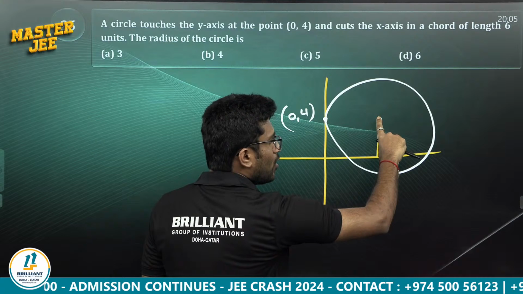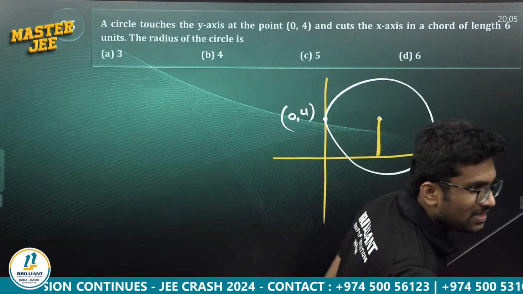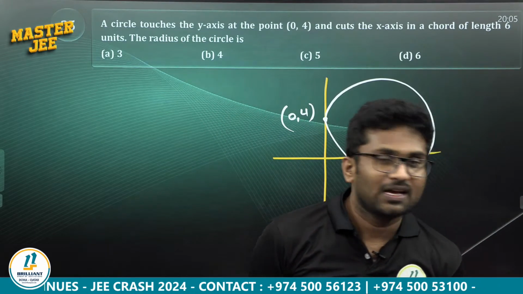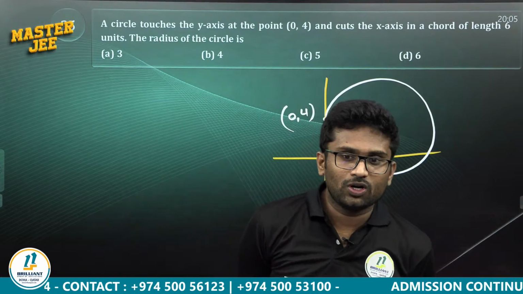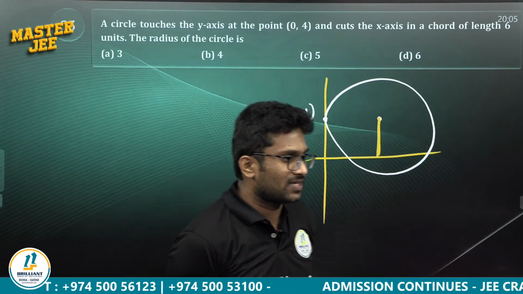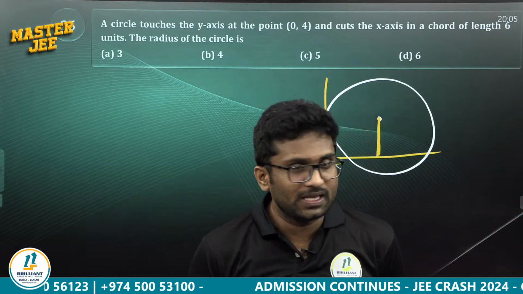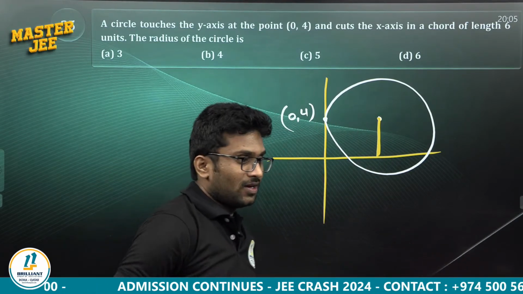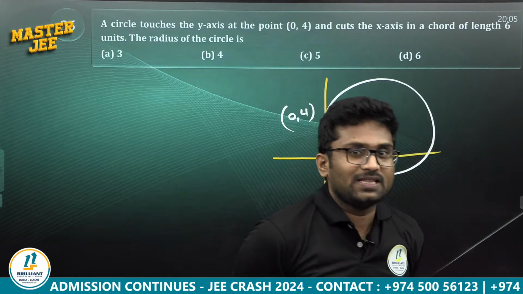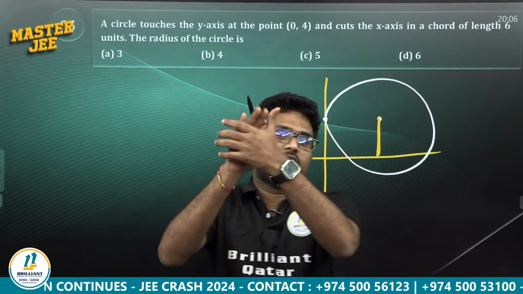What will be this yellow line's distance? Fast. What will be the yellow line distance? 4. Very good, Abu. Very good.